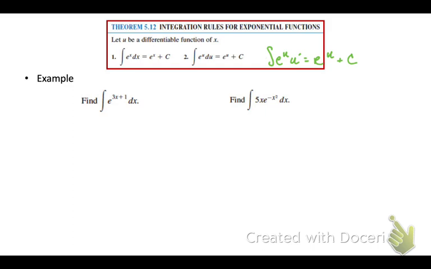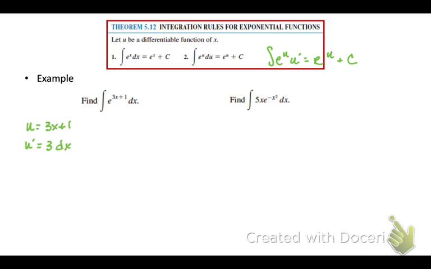So we have the integral of e to the 3x plus 1. So u is 3x plus 1, and u prime is 3 dx.